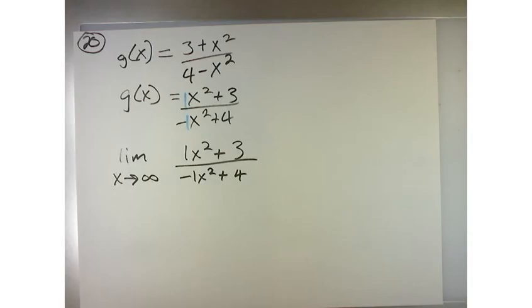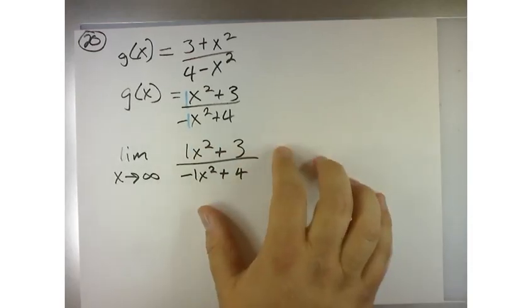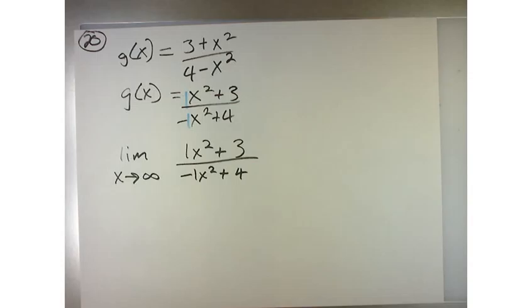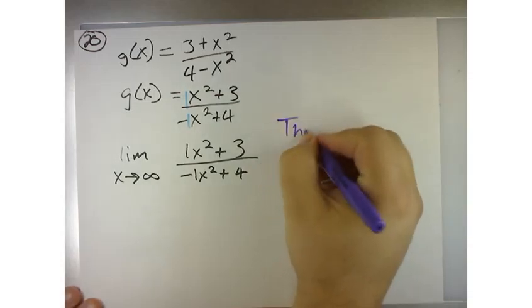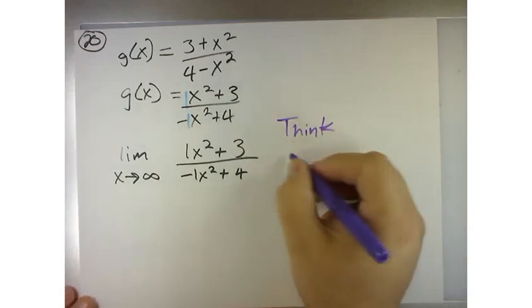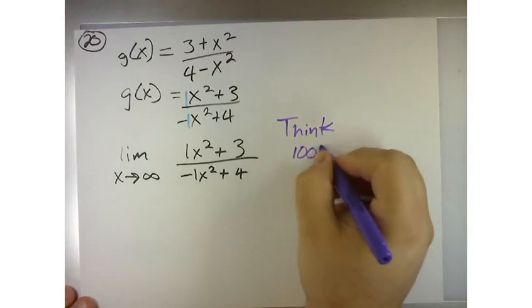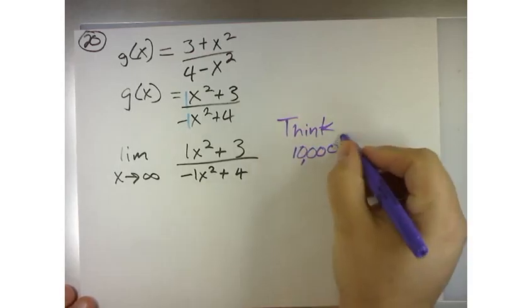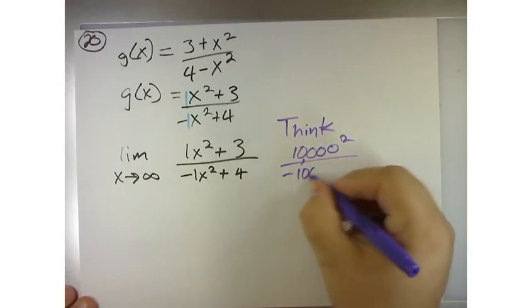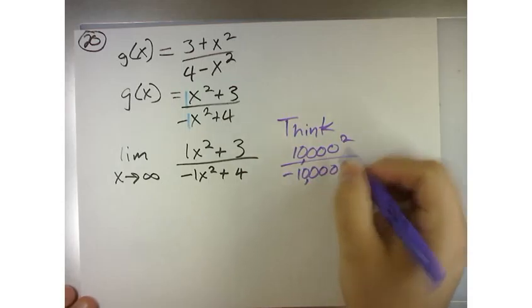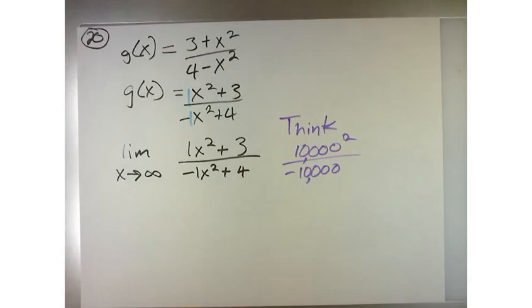Well, it'd basically be 10,000 squared, and let's think about this. So this is us thinking, and I'm going to write down our thinking so we can see our thinking. It's basically 10,000 squared over negative 10,000 squared, right? And, you know, plus 3 plus 4, we're going to ignore that. This is so small, just so we can estimate what this value will look like as we approach infinity.